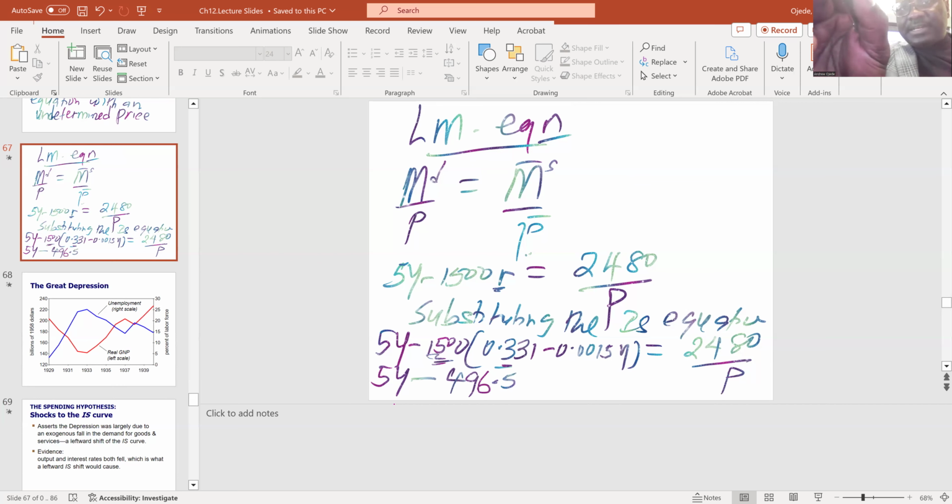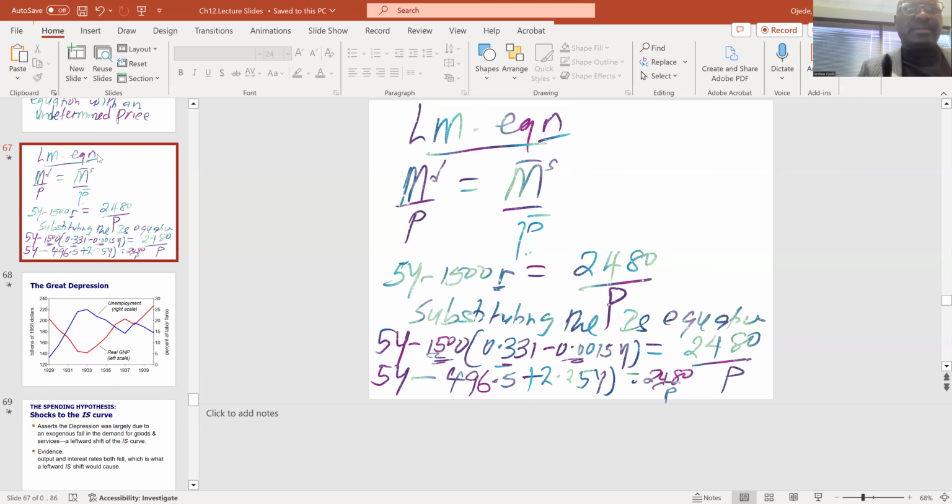Then minus 1500 times minus 0.0015, which is going to be positive 1500 times 0.0015, that is 2.25y. This must equal 2480 over P.